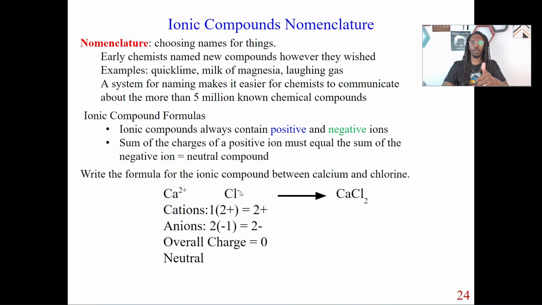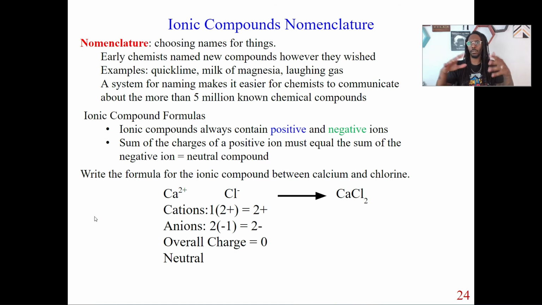Now, how do we know, right, that chlorine is a -1 charge? The periodic table. Okay, so right now, let's talk about those family groups. Alkaline earth metals, right? We talked about how alkaline earth metals all have the same types of properties.